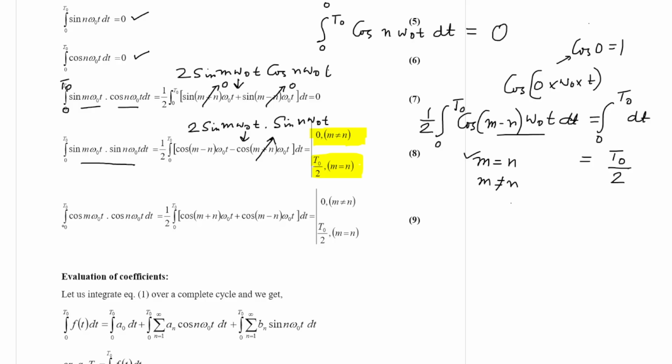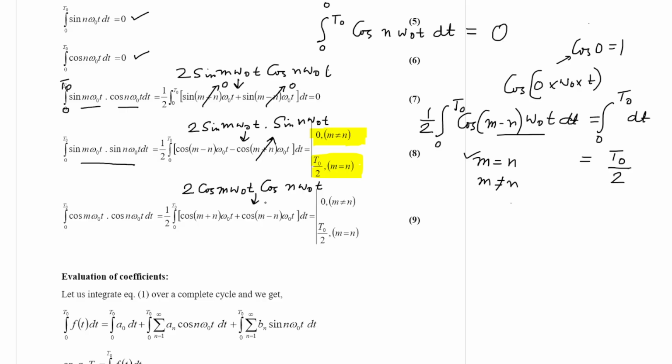Now let us explore the last term. If we multiply two cosines, cos m omega naught t and cos n omega naught t, and multiply and divide by 2, it becomes 2 cos m omega naught t cos n omega naught t.